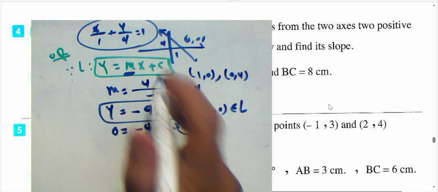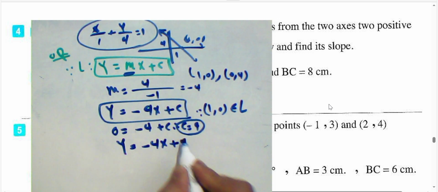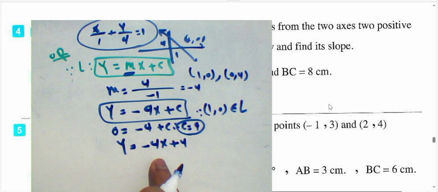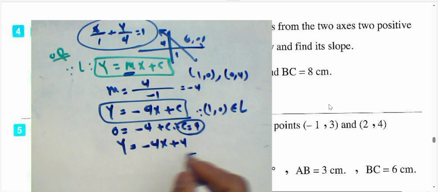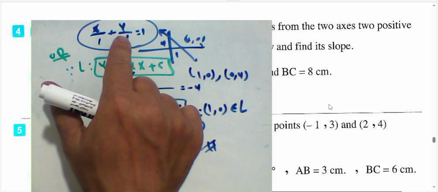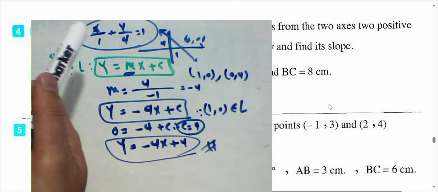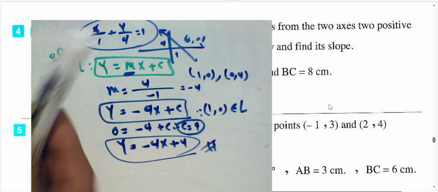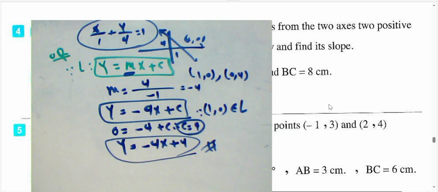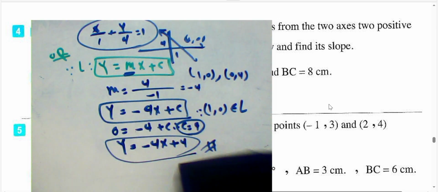The equation is y equals negative 4x plus 4. This is the equation of the straight line. Okay, it's the last equation. Or you can solve by this method, x over 1 plus y over 4 equals 1. If we multiply by 4, it will be 4x plus y equals 4, same as this. Or you can solve directly by this method or by this method as well, okay?